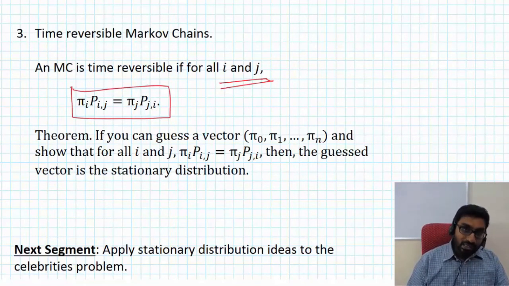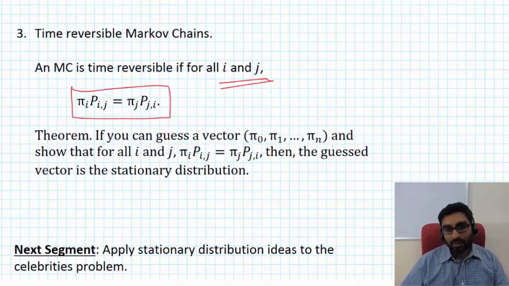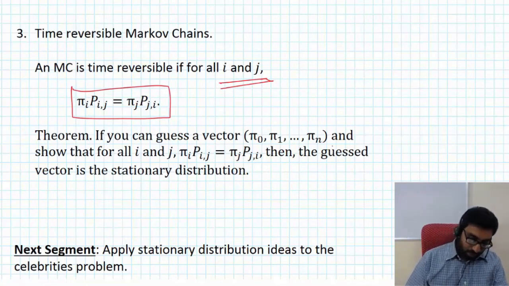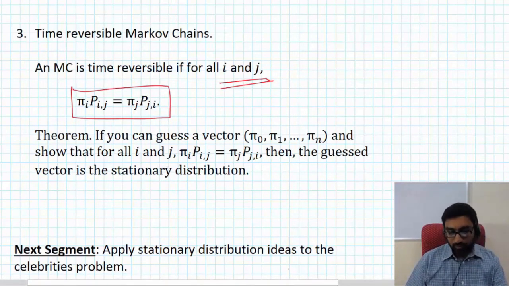If you can guess a vector pi 0, pi 1, up to pi n, and you hope that this guess is going to be the stationary distribution, and if you can furthermore show that for all pairs i and j, pi i times pij equals pi j times pji, then the guess is in fact a stationary distribution.